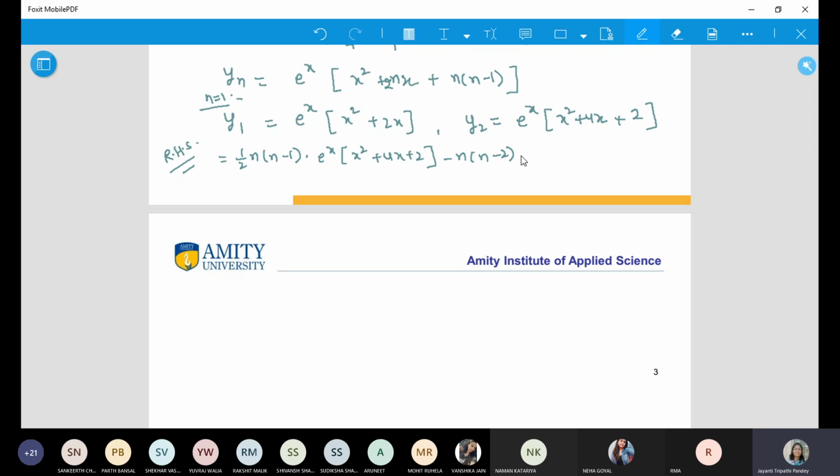Then we have y1. So that is e to the power x (x square plus 2x) plus half n minus 1. No, sorry, n minus 1 and n minus 2.